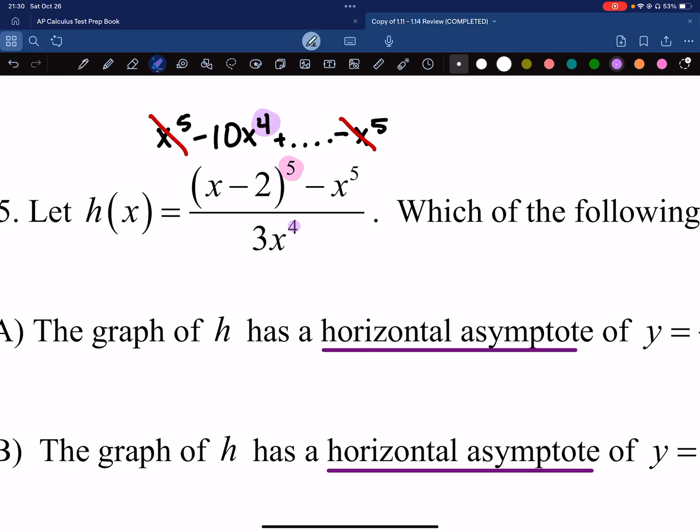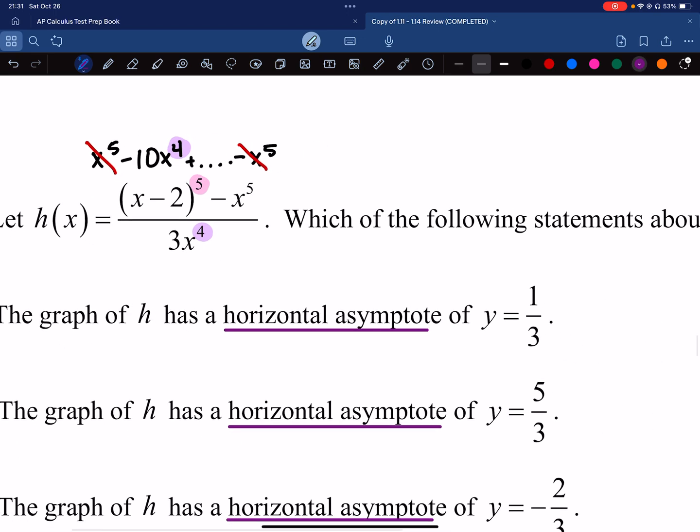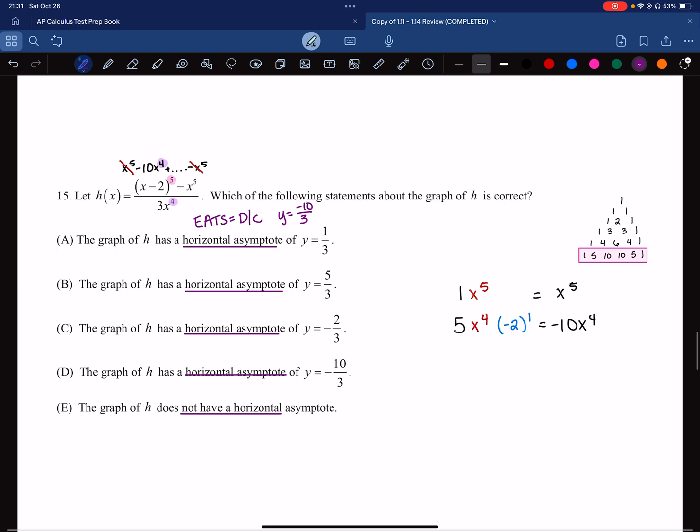My degree on bottom ends up being a degree of 4. So that tells me that my exponents are the same, so we're going to divide their coefficients. So we're going to take -10 and divide it by 3. That doesn't simplify, which gives us the answer choice of D.